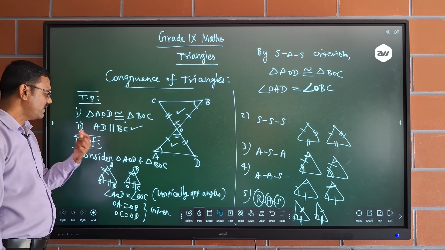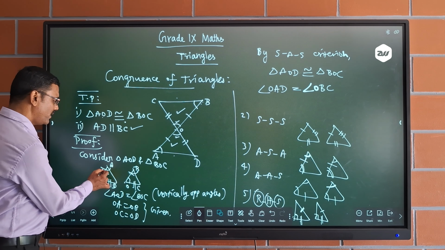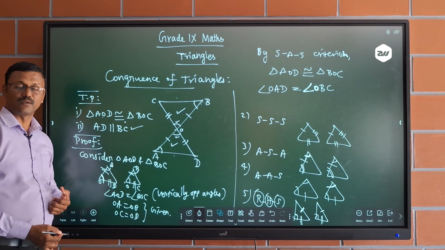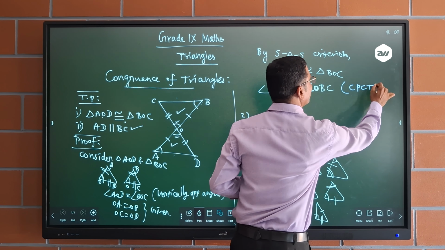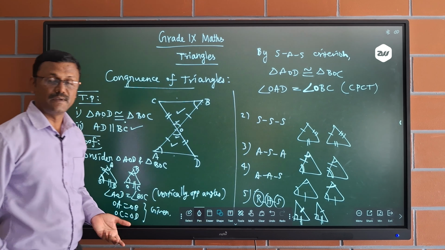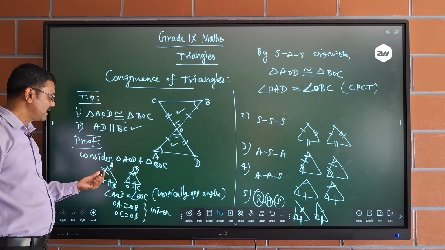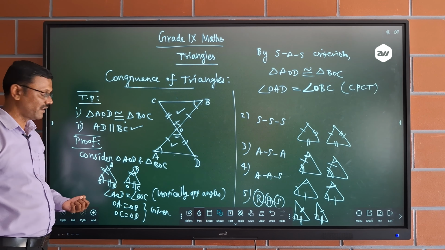They are equal by CPCT. What is CPCT, sir? Corresponding parts of congruent triangles are equal. Corresponding parts can be angles, and they can be corresponding sides as well.